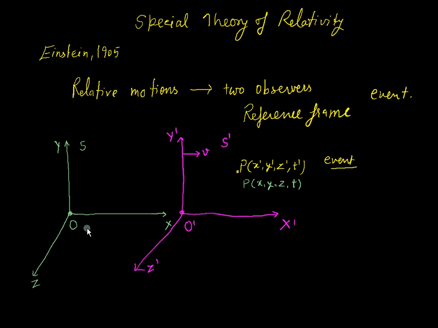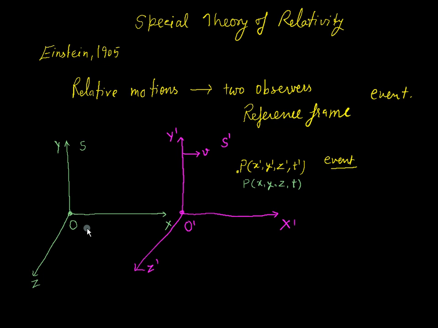So the observations of O and O prime will be defined in his coordinate system. All these statements which you have listened to right now are mathematical representations of the physical situations. So we use these words.